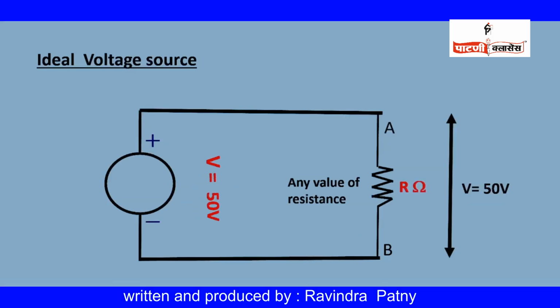Thus, whatever the value of the load resistance, the terminal voltage of the given device is not changing. In ideal voltage source, the current flowing through the circuit changes, but the terminal voltage does not change, whatever may be the value of the load resistance.